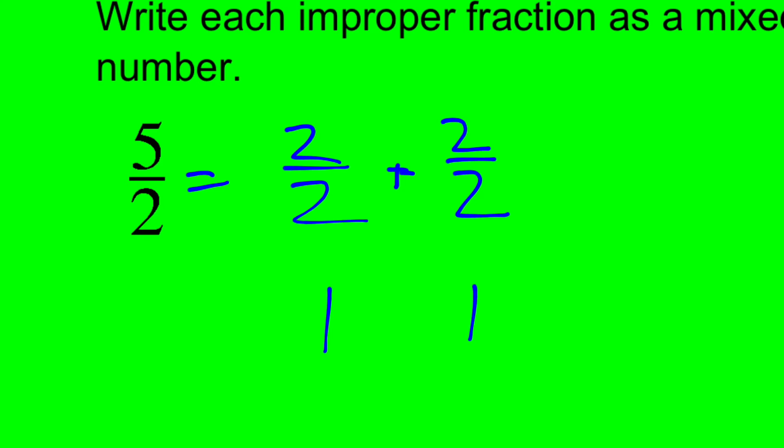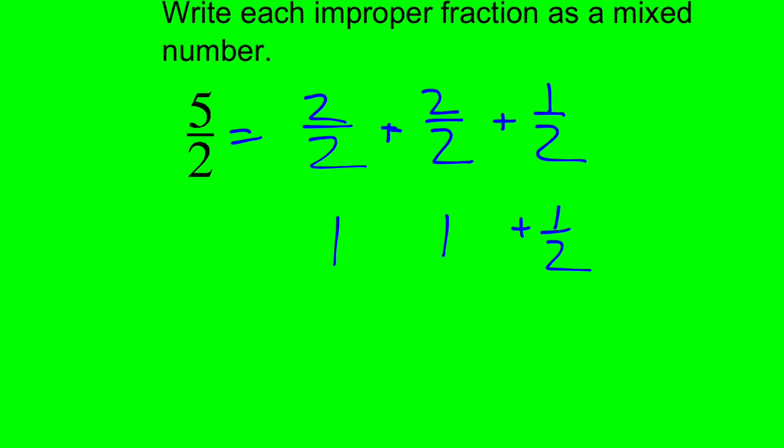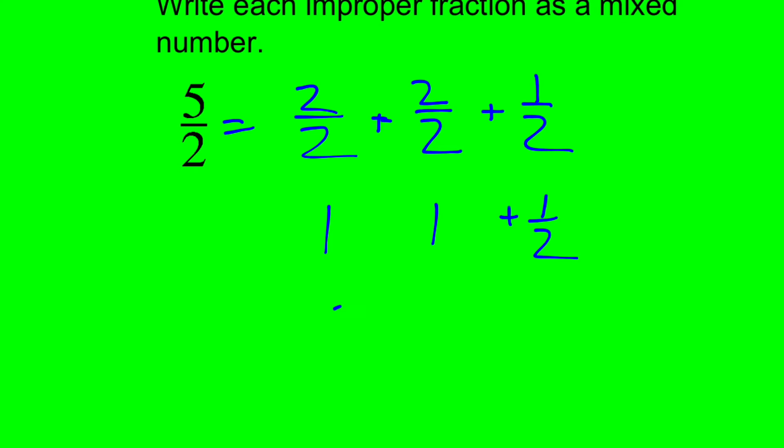That's also 1 whole. Now 2 plus 2 is 4, which means there's going to be 1 left over out of 2 to create that improper fraction of 5 over 2. So we have 1/2 left over. So we practice doing this without pictures, and then that's 2 wholes and a half.